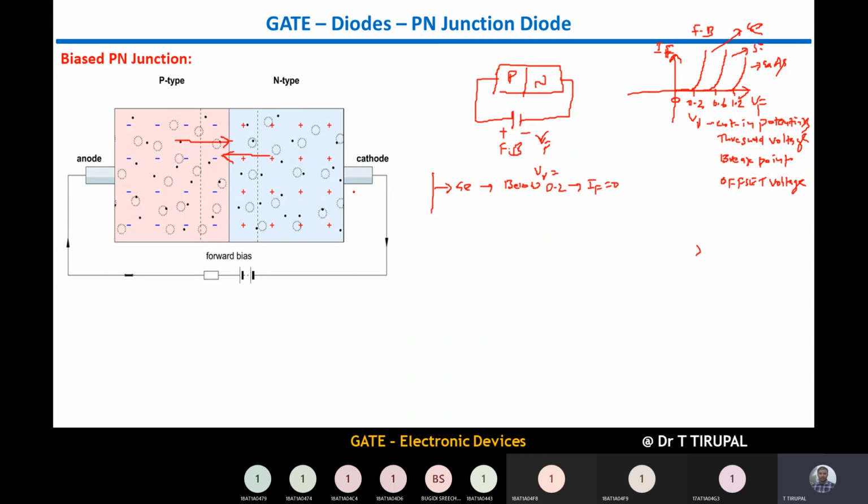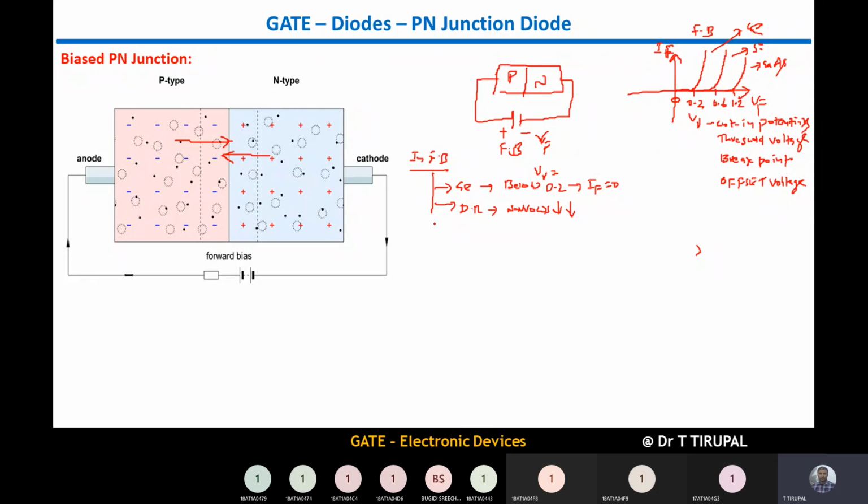So depletion region narrows in forward bias. That means it decreases. Right? This is about forward bias.